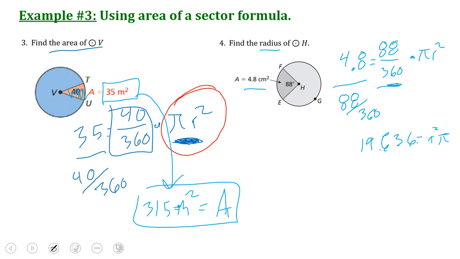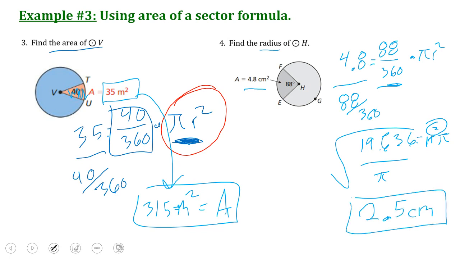You can reorder it if you really needed to. I like doing the r first, though. Now divide both sides by pi and take the square root, right? Because you need to get rid of this square at some point. Once you do all that, I got actually a nice even 2.5 centimeters. And just centimeters because you're finding radius, not the area. Cool. That's all I got.